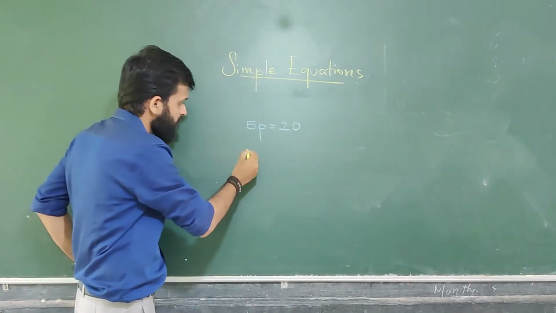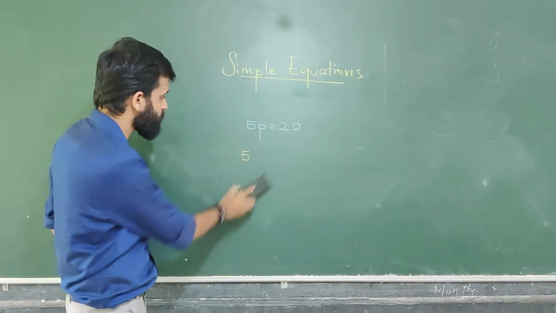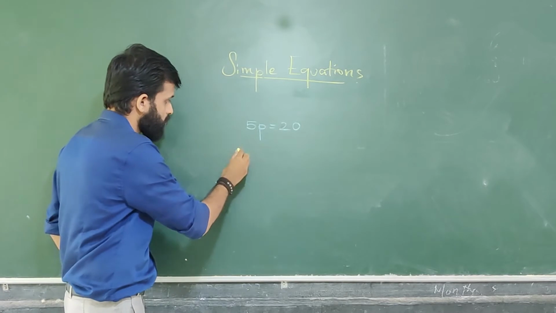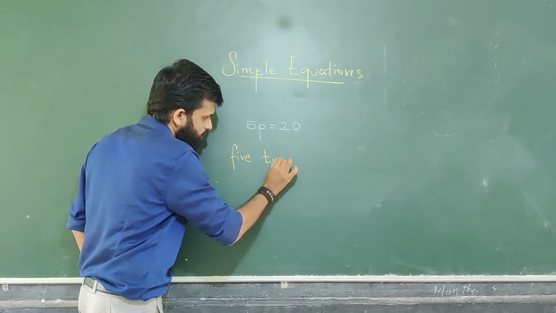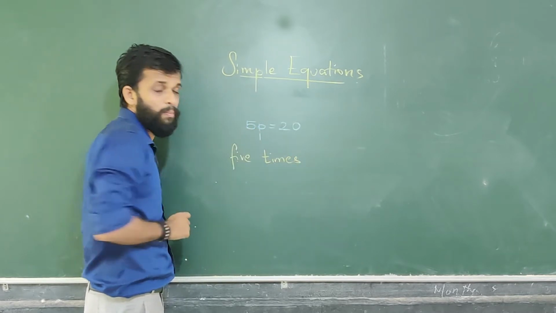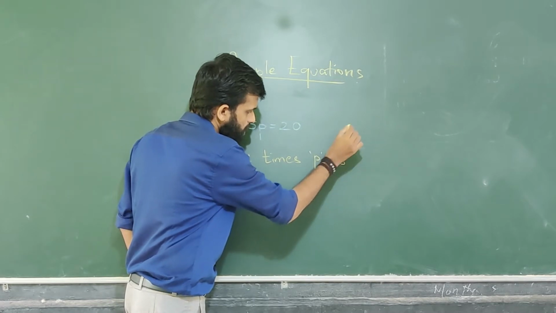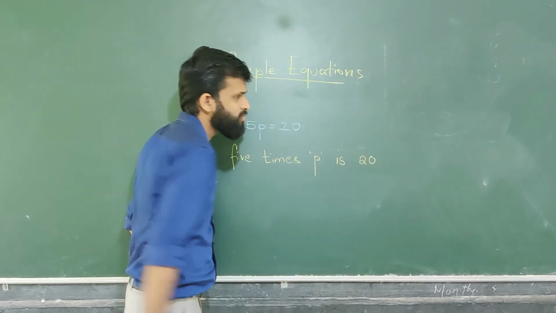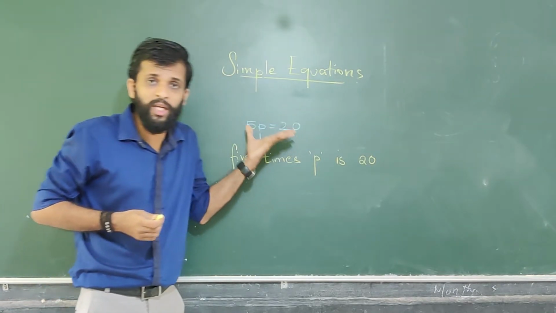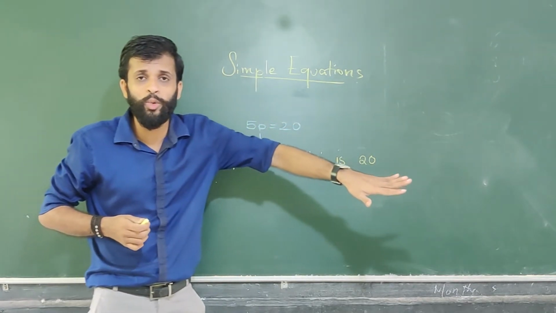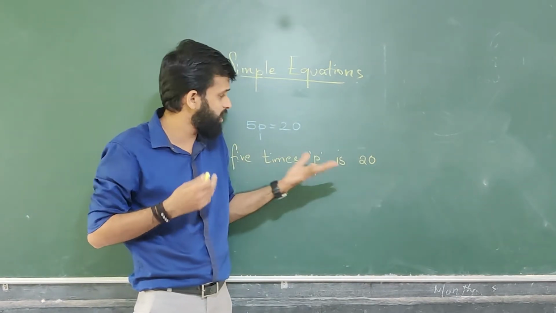I have to write it as a sentence, right? 5 times, because it is multiplied, 5 times P is 20. That's it. I hope this is clear. When there is a simple equation, you can change it into a sentence, or if it is a sentence, you can change it into an entire equation.